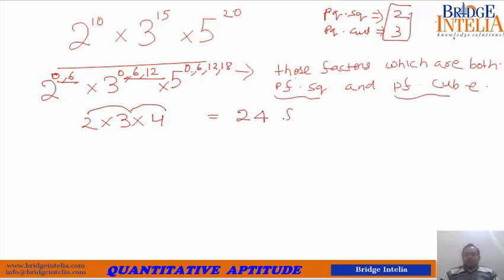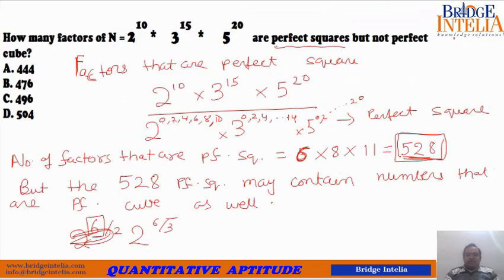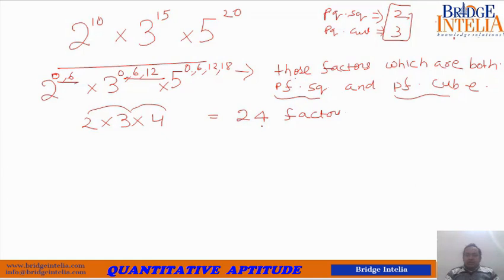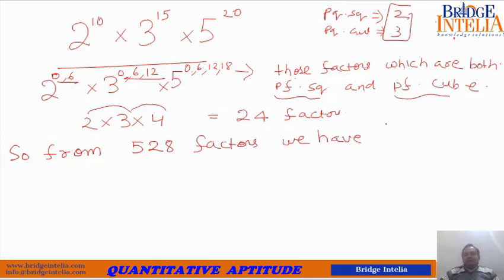So 24 such factors are there. Out of a total of 528, from 528 factors, we have to remove these 24 factors.